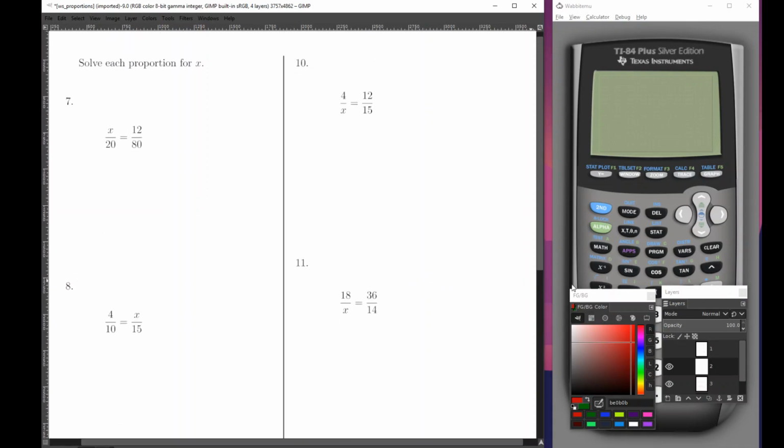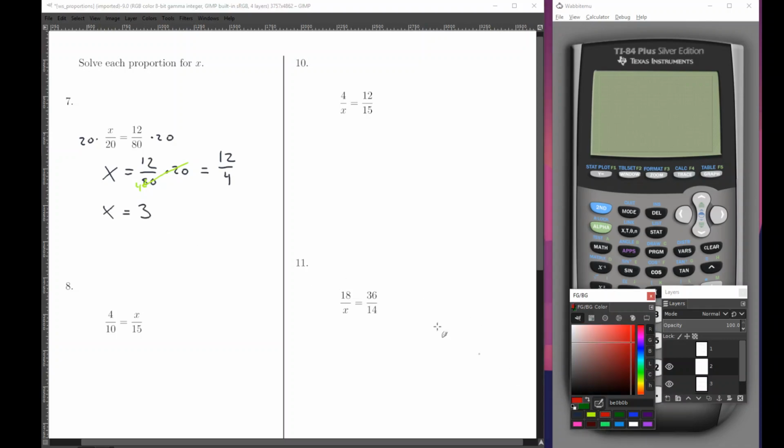Let's do some solving. We don't have to cross multiply this to solve it. As a matter of fact, we're just going to go ahead and multiply both sides of it by 20. And that'll give us x, the 20s reduce, is equal to 12 over 80 times 20. 20 goes into 80 4 times, so we could write this as 12 over 4. x is 3.